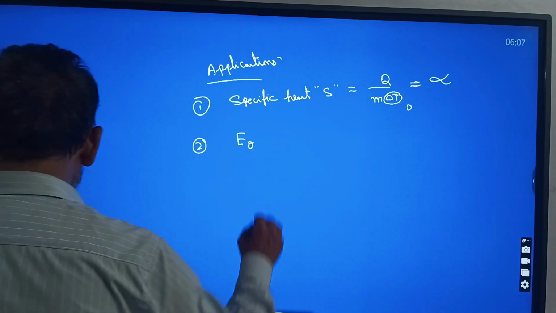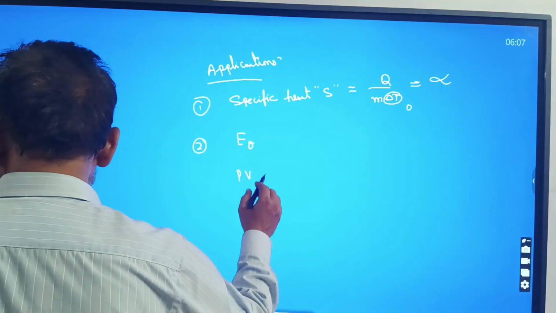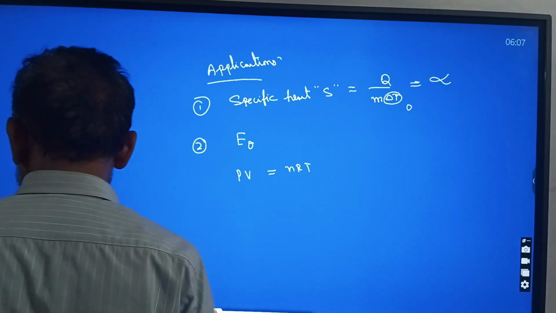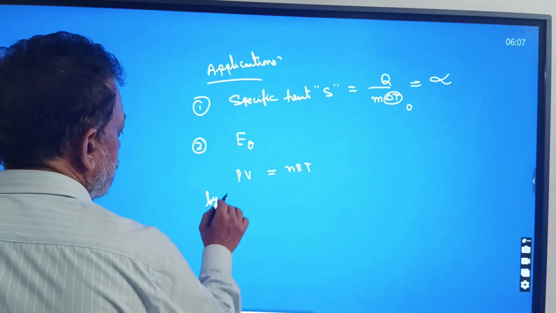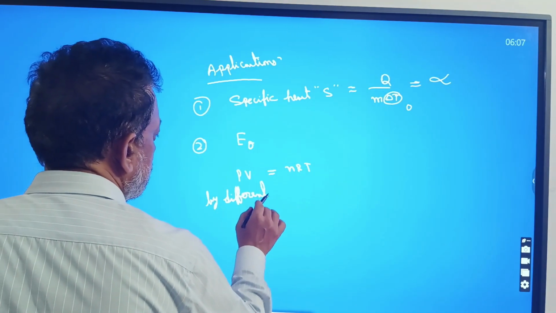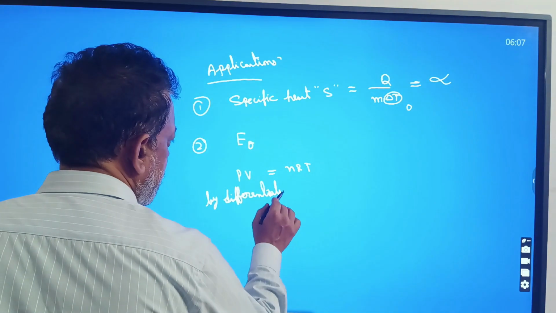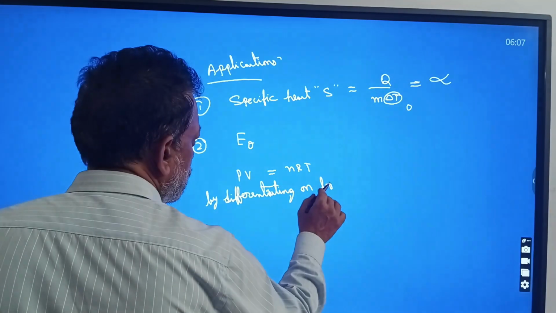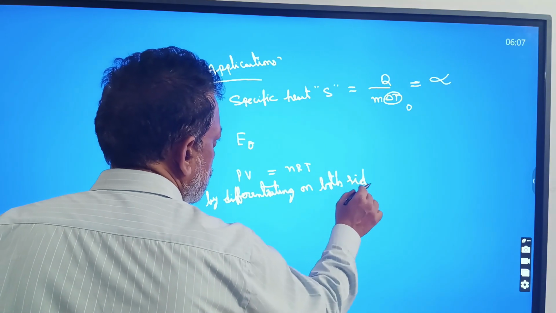So we know the equation PV is equal to nRT, or a constant. We have to differentiate on both sides. This side is a constant.